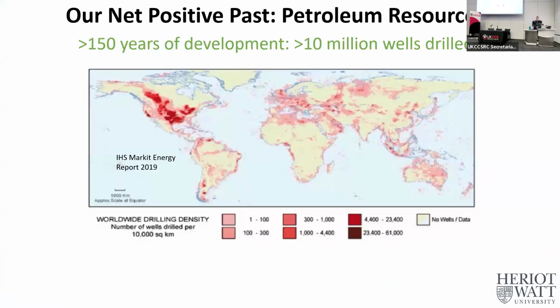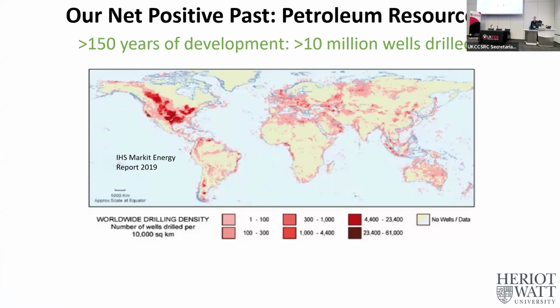And first, where we need to start is to recognize that a little bit of an elephant in the room when it comes to CCS is that when we're going to store carbon dioxide into the ground, typically we're doing that where we've developed petroleum products before, hydrocarbons, because we know there are good trapping structures, and so on and so forth. But that means that we're doing this where there's old infrastructure, old legacy wells.